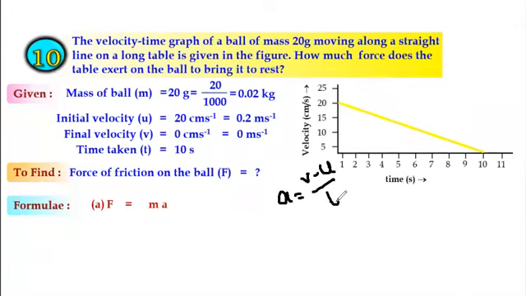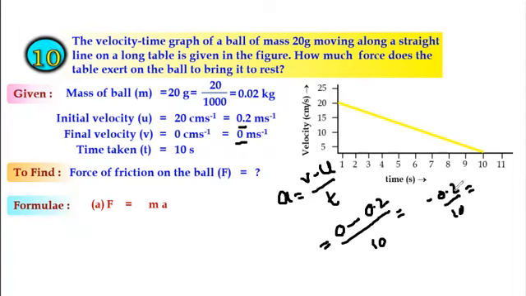So final velocity is how much? 0 minus initial velocity, which is 0.2, by time, which is 10. So that equals minus 0.2 by 10, that equals minus 0.02 meter per second square. Is it right? And mass is how much?